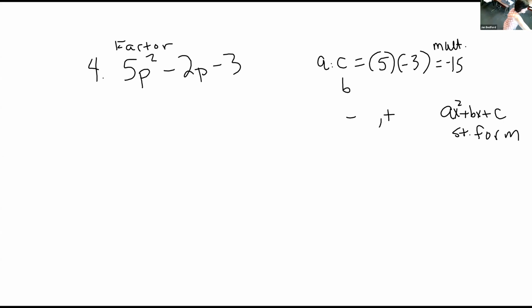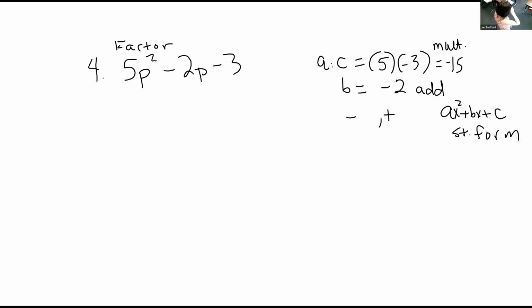Now, what's the B value in this? Say again? -2. So what that tells me is not only should my numbers multiply to give me -15, but they should add to give me -2. Okay, what's the right pair? I don't have many options to multiply to get 15. It's either 1 and 15 or 5 and 3.